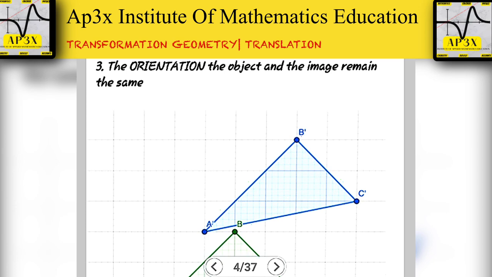And of course, unlike the other transformations, well, maybe positive enlargement, there's always some sort of switch in the orientation of the points.